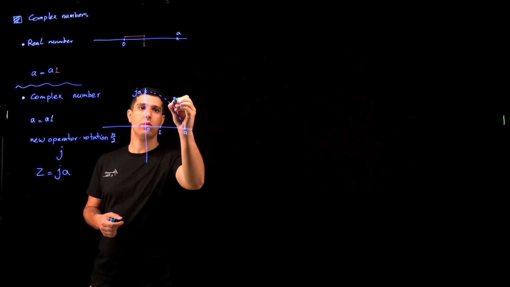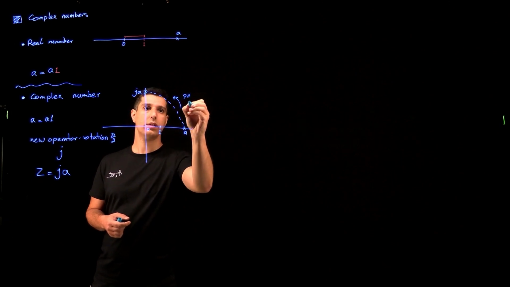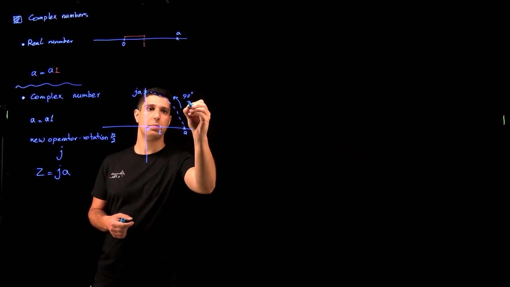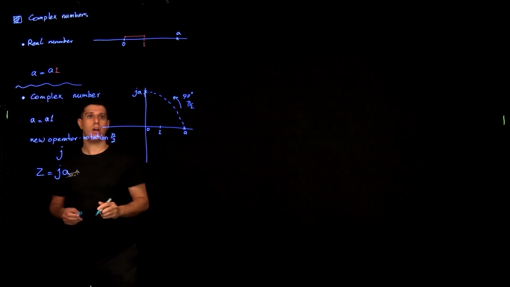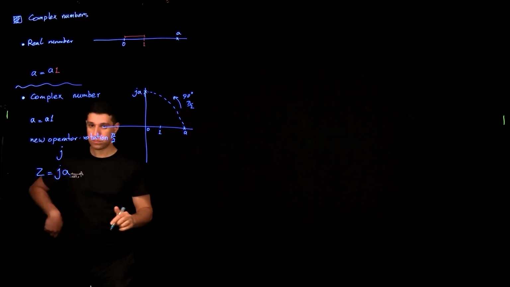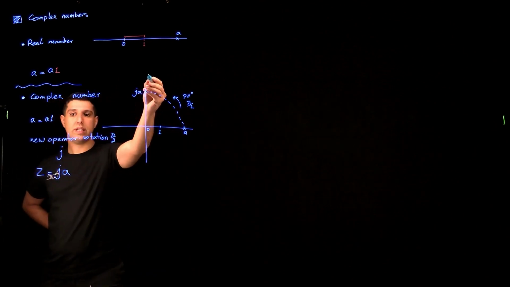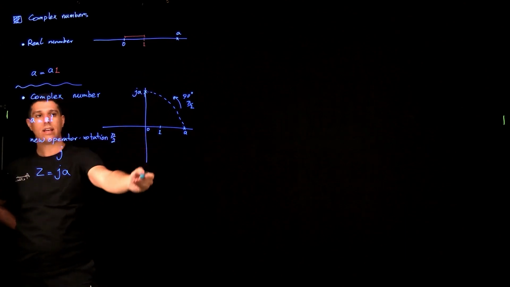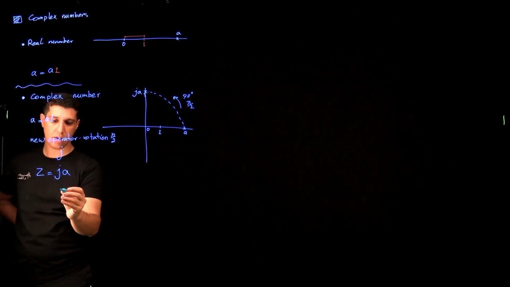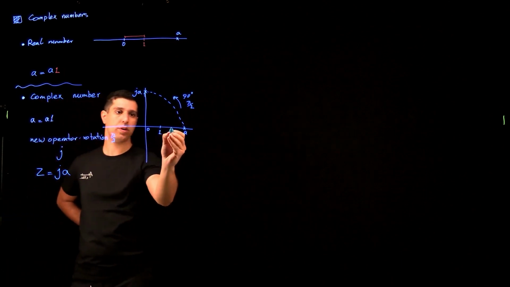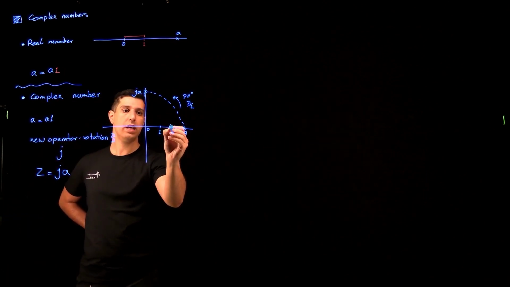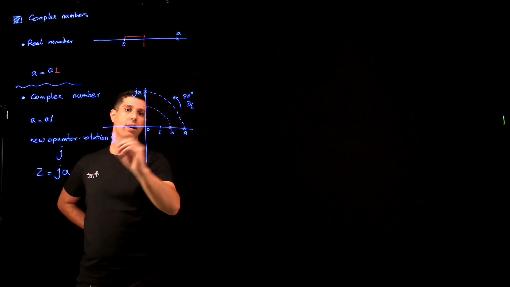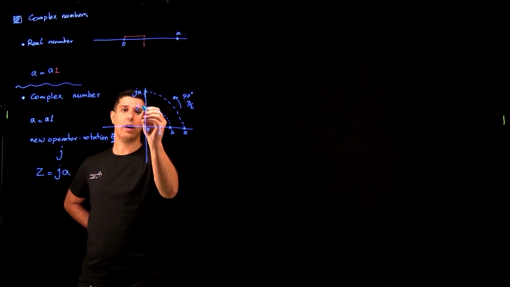So we rotate by 90 degrees or pi over 2. We arrive at this other point JA. So you can see any point along this second axis is somehow another point B that is rotated, we arrive at JB.